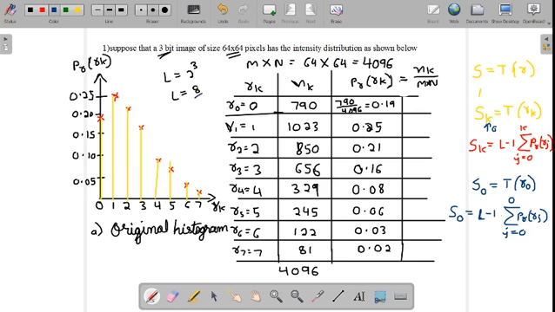The value of L is 8, since it's a 3-bit image. So s naught equals 8 minus 1, which is 7.